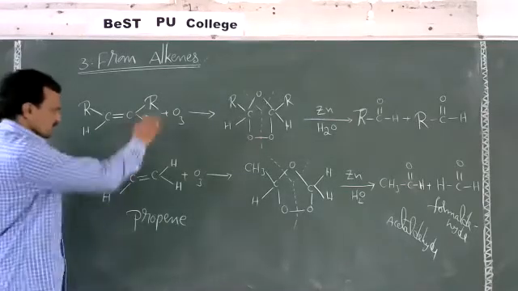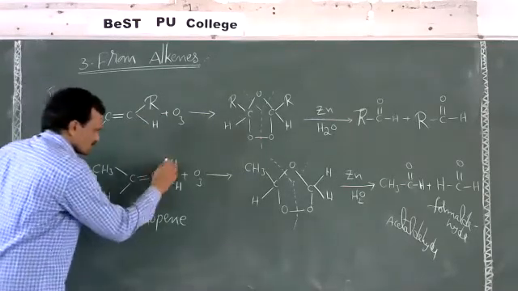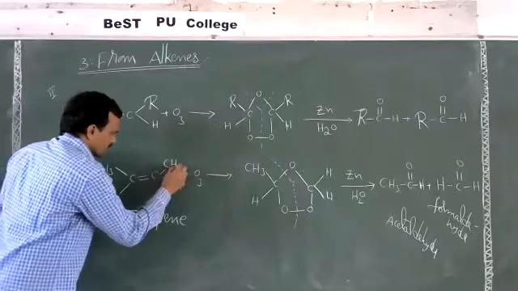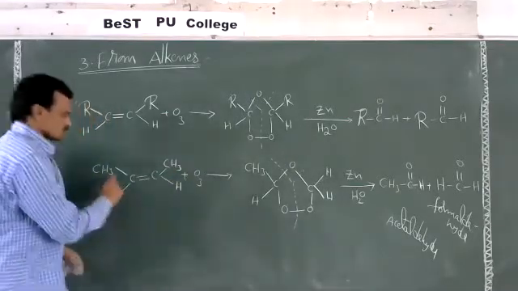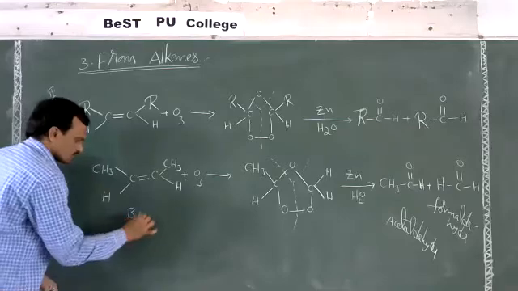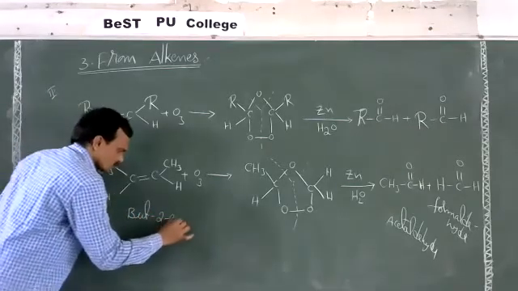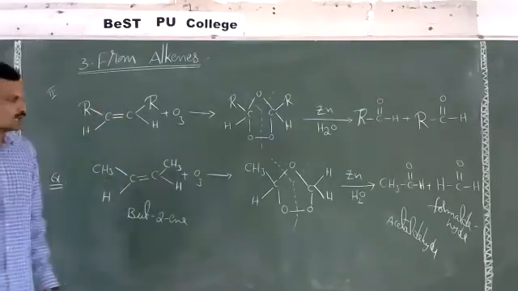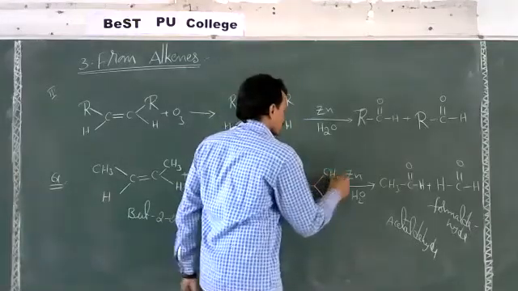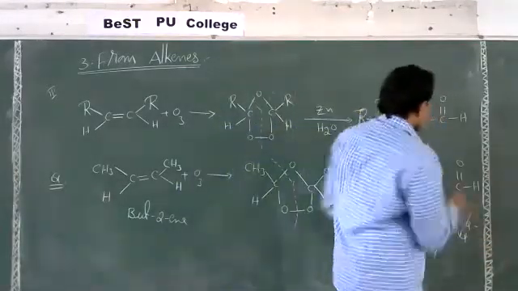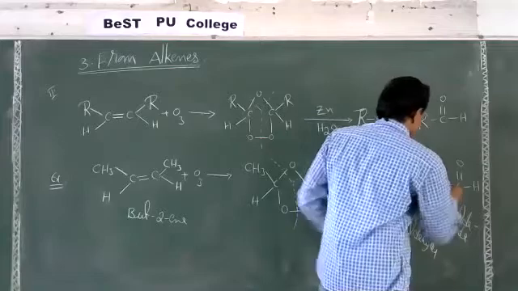For that, I'll make a small change here. Instead of H, I'll take CH3. Then what is the name of this compound now? This is butene, 2-butene. Here also instead of H, CH3.